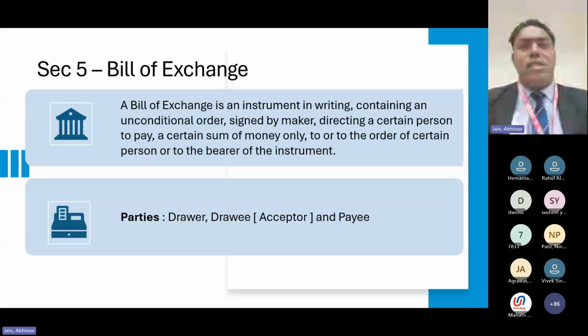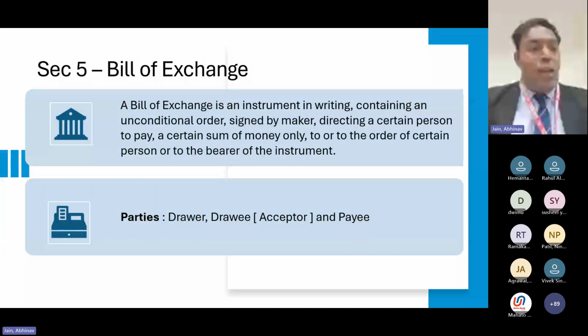It is directing a certain person to pay a certain sum of money. So this is again correct. This is an element of bill of exchange. Or it might order a certain person as well as the bearer of the instrument also. So these are the bifurcation of the definition of bill of exchange. The parties involved are drawer, drawee, and payee.